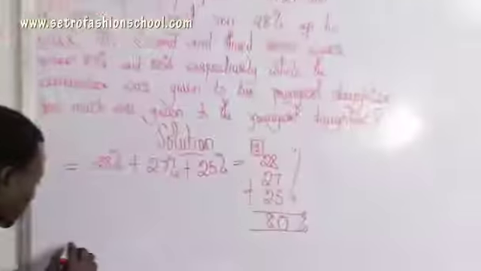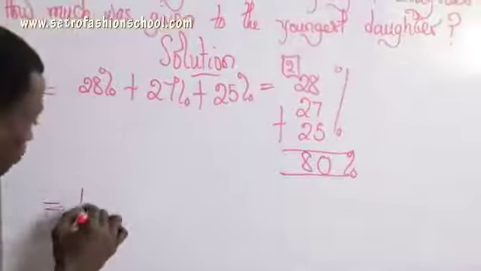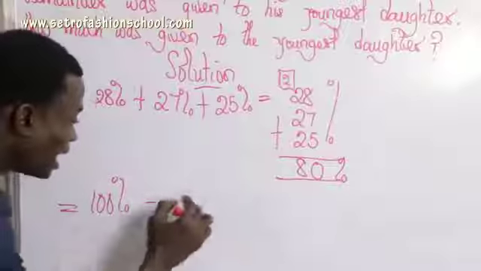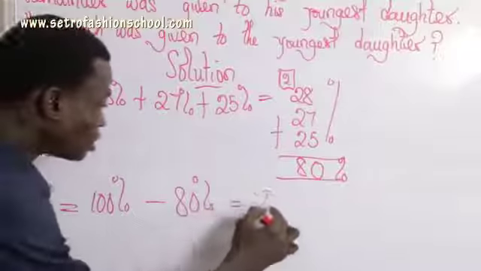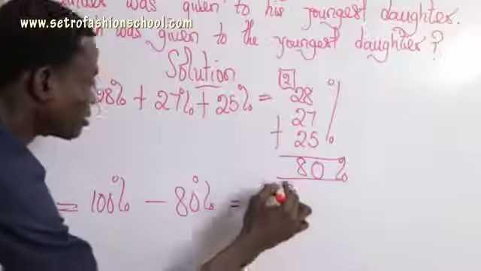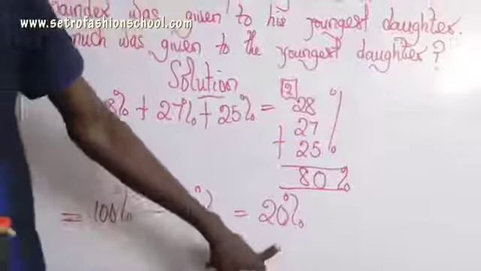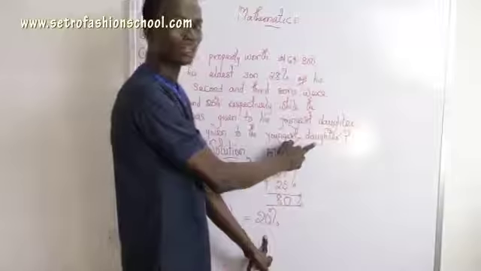Now, the next step is our total percentage, which is 100% minus 80%. And that gives us 20%. Which means the 20% remaining belongs to the youngest daughter.